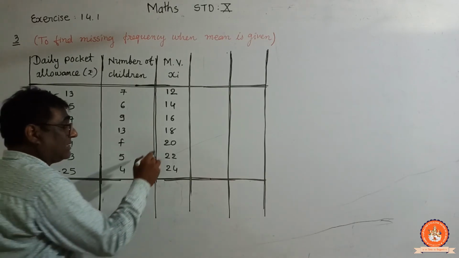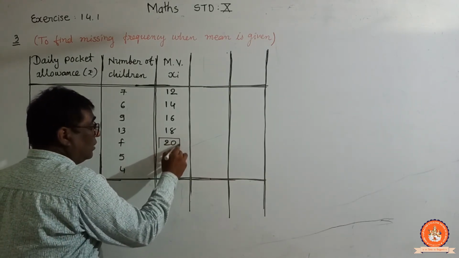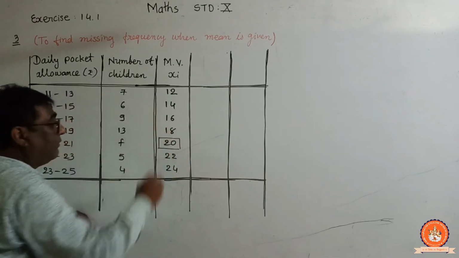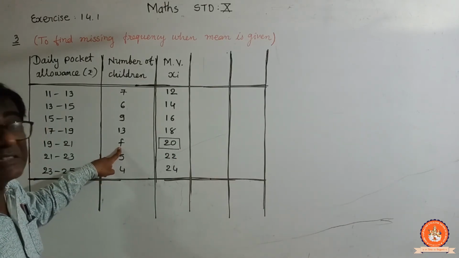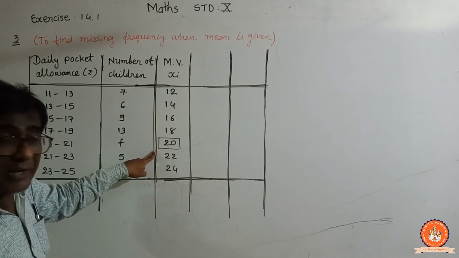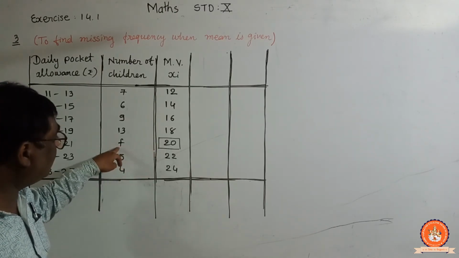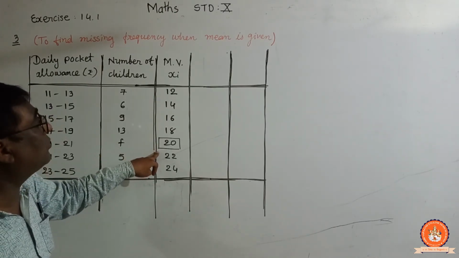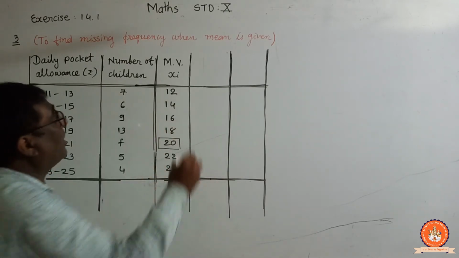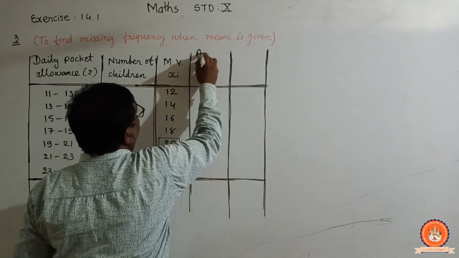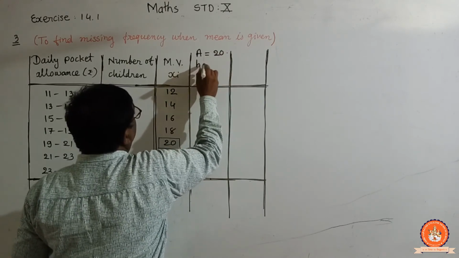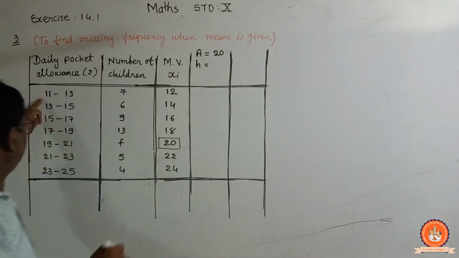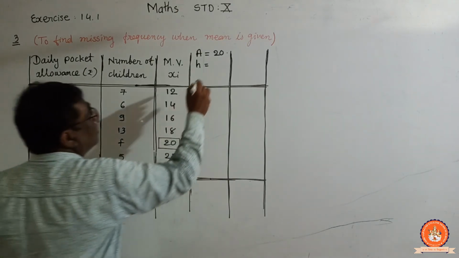In this case, the mid value containing the missing frequency will always be assumed as A. Okay, A. So जो frequency missing है उसके सामने वाली जो mid value xi है उसी को हम A assume करेंगे. So A is equal to 20 and h is equal to class length, which is equal to 2.